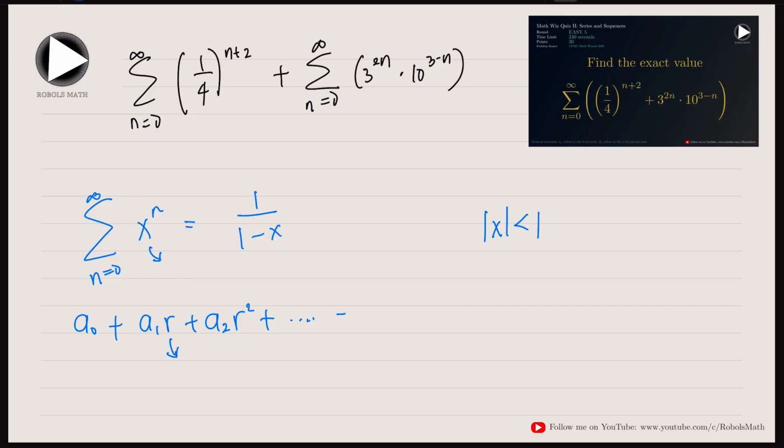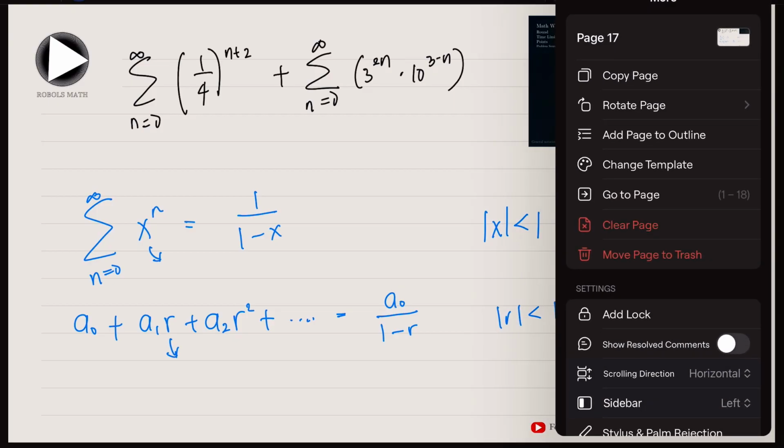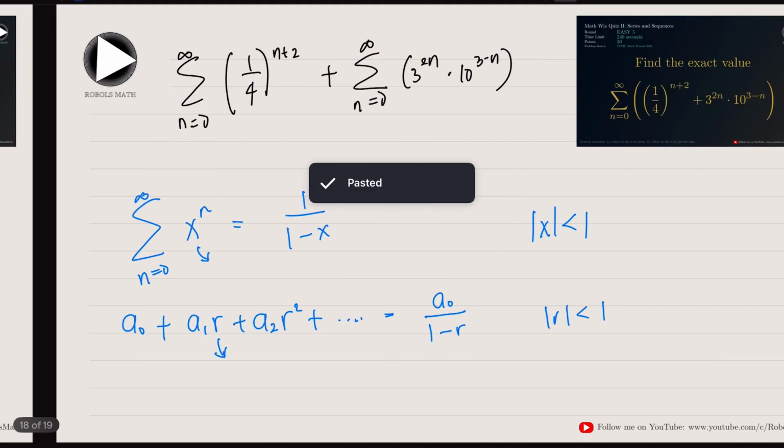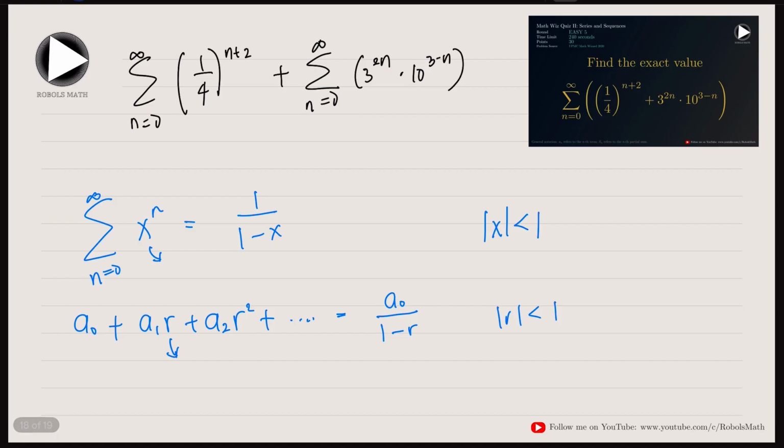Now this second expression is equivalent to a sub 0 over 1 minus r for r less than 1 as well. So these two forms will be quite useful when we evaluate the sum that we want. So let's duplicate this page and then do some modifications.